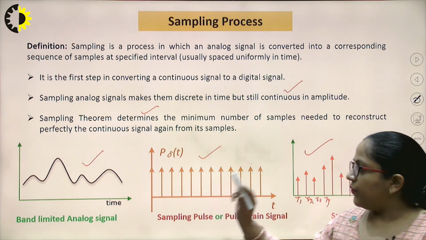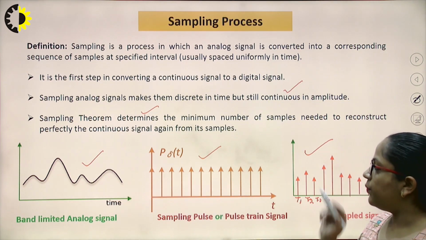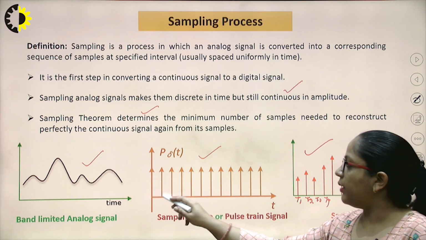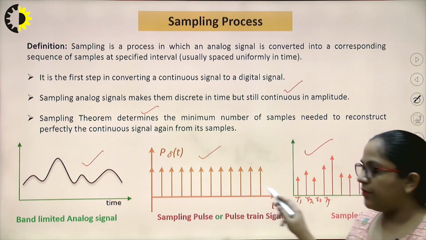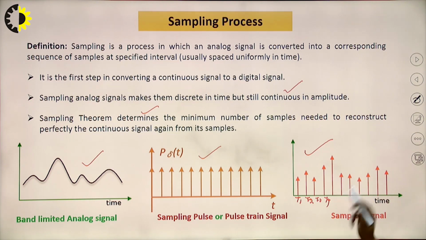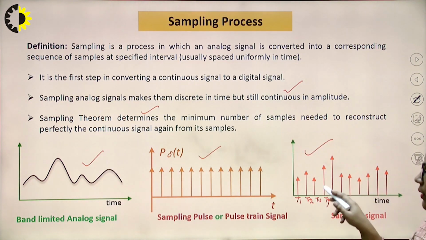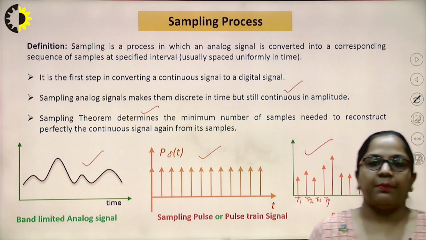That means first we consider a train of pulses at regular or uniform time intervals, then we get the sampled signal, and to recover the original information back from the sampled signal, we have to follow the sampling theorem.